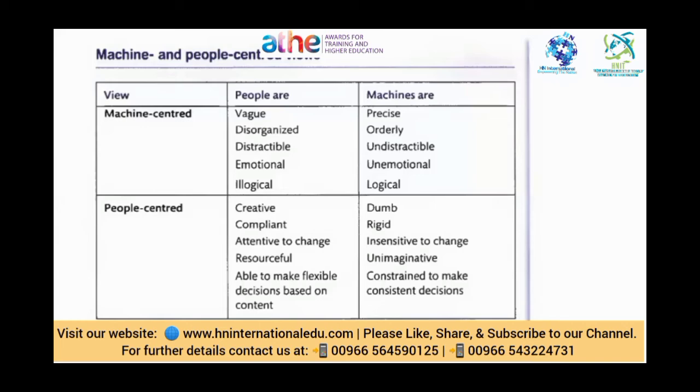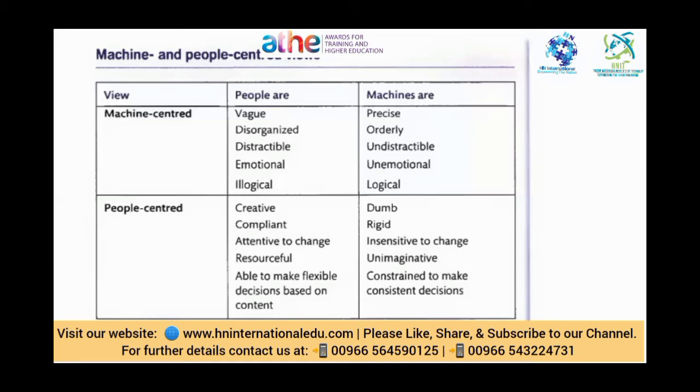Then the machines that are people-centered are dumb. Just take out your calculator and check this list. Your calculator is dumb. It is rigid; it will always do the calculation. You cannot ask it a logical question. It is insensitive to change; it will always do calculation.